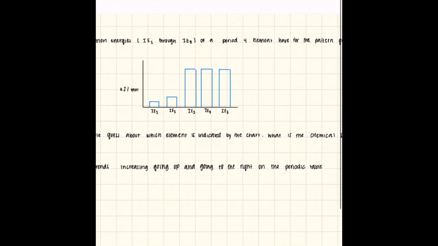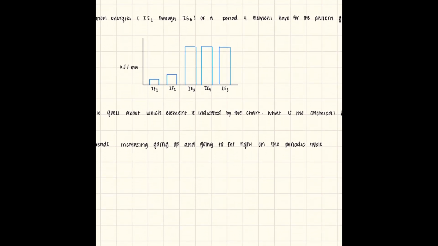Okay, so now we are going to look at the graph to help solve our problem. The first thing I like to do is look at the y and x-axis. On our y-axis, we're going to have kilojoules per mole, and on our x-axis, we're going to have ionization energies 1 through 5 listed on our graph, symbolized by bars. In this, we're just going to be comparing the size of the bars. You can tell that between ionization energy 2 and ionization energy 3, there is a substantial difference in size.